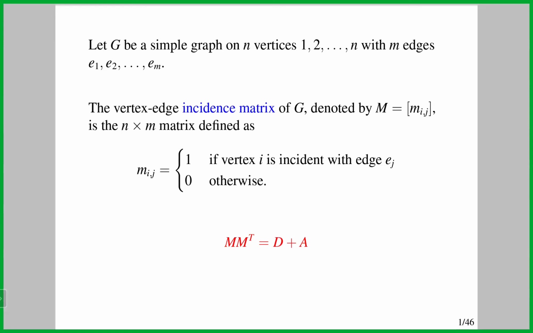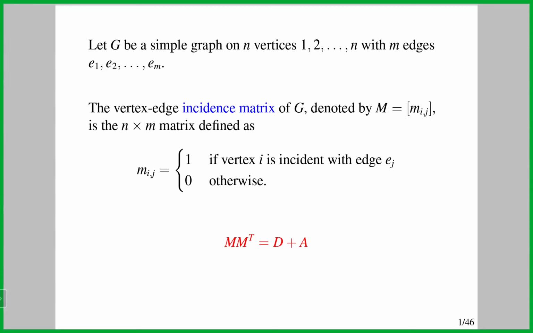Let's start with a simple graph on n vertices, 1 through n, and m edges. Now we define a vertex-edge incidence matrix M of G. It has n rows and m columns. The rows are indexed by the vertices, and the columns are indexed by the edges.